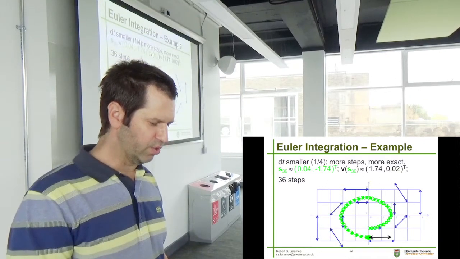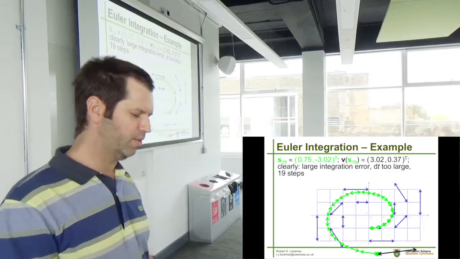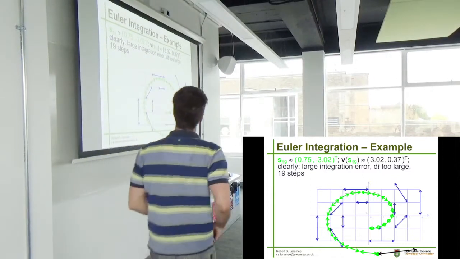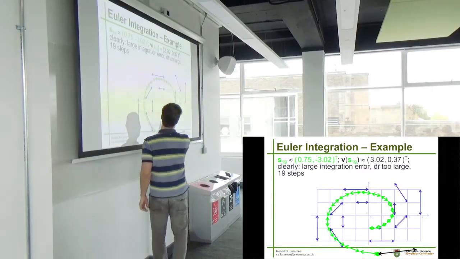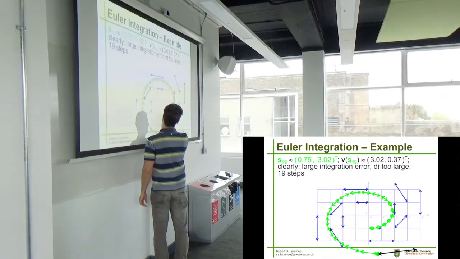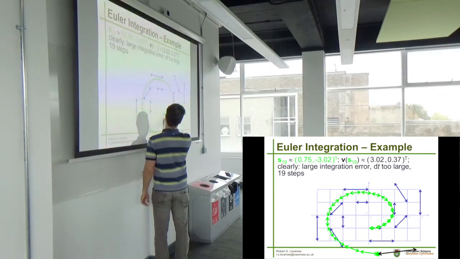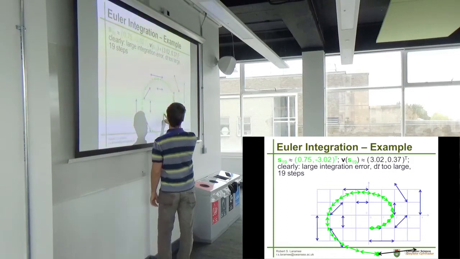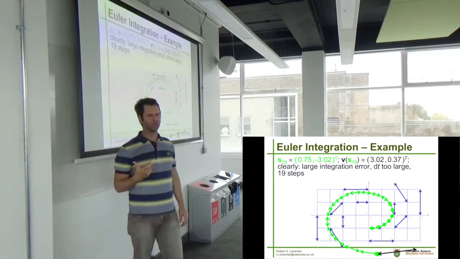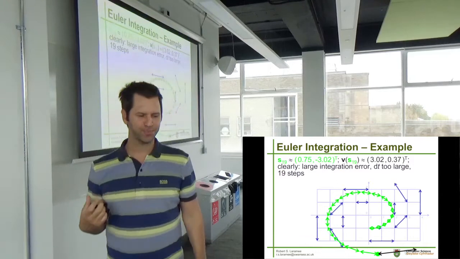And we can reduce the error by reducing the dt, or the amount of space between each sample. So instead of pushing it a half of a unit, we could push it a fourth of a unit. And that increases the accuracy.